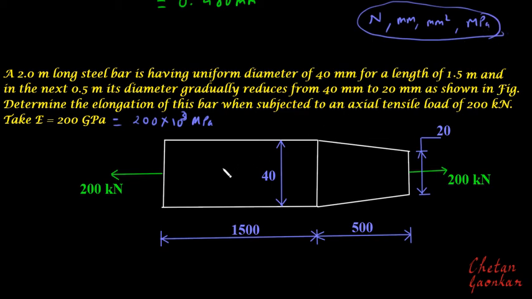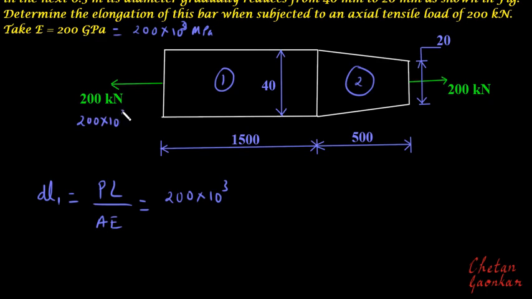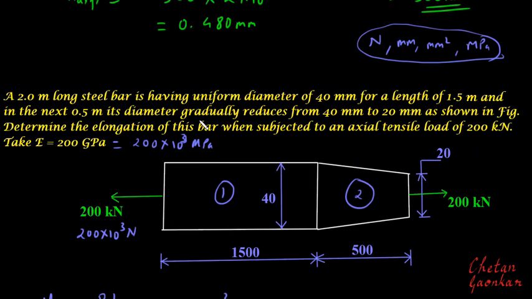We will consider this as our first segment and this as our second segment. To calculate the deformation in the first segment, DL1, it will be just PL by AE. P will be 200 multiplied by 10 to the power 3 Newton, multiplied by the length 1500 mm, divided by the area, which is pi by 4 multiplied by 40 square, because the area of the circle is pi by 4 d square and the diameter here is 40.